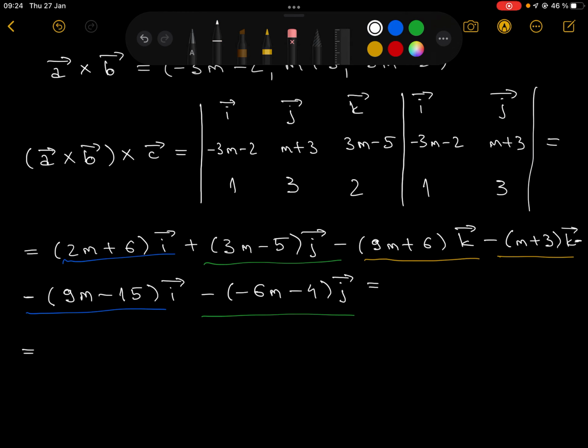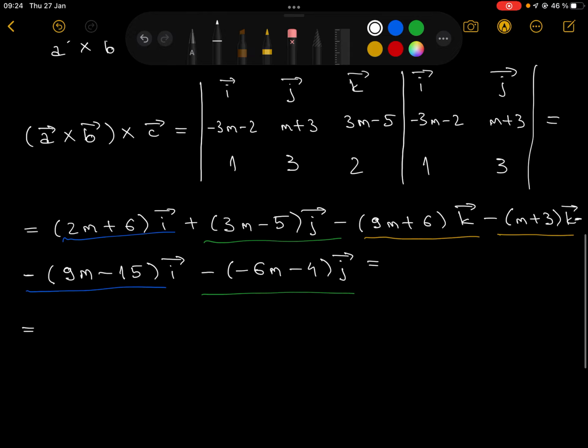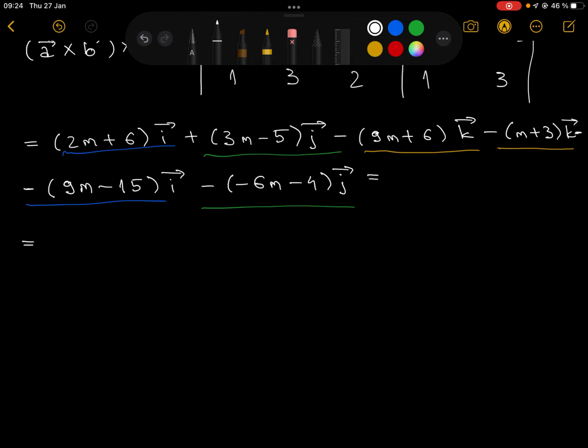So 2m plus 6, minus 9m minus 6, minus m plus 3, minus 3 times 3m minus 5. Okay, so 2m minus 9m is minus 7m. 6 plus 15 is equal to 21, times i.